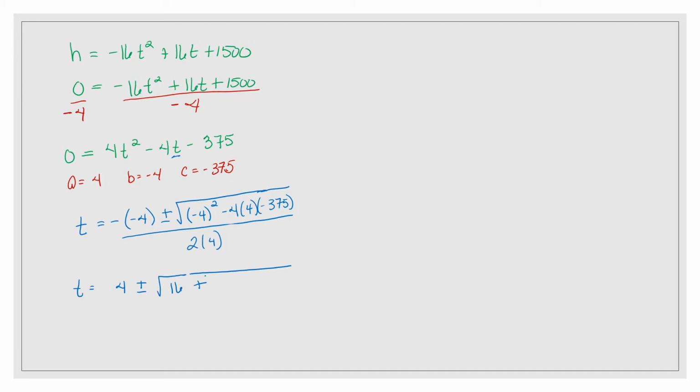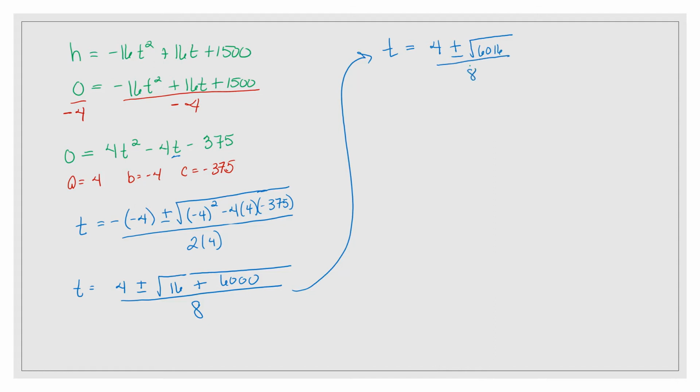And I ended up with 6,000 when I multiplied those numbers. Did you? Hopefully so. Okay, let's continue some work over here. So I have t being equal to 4 plus or minus the square root of 6,016, all divided by 8.